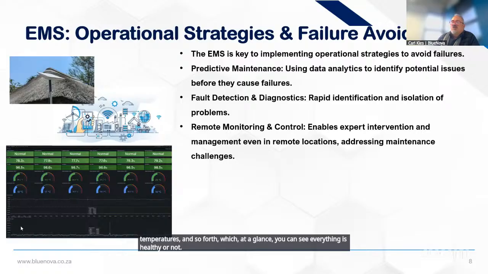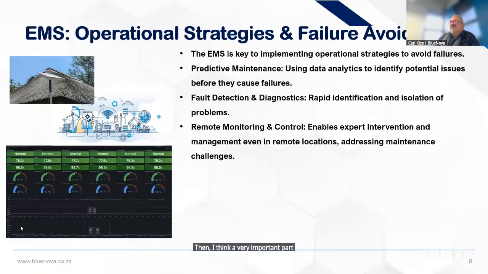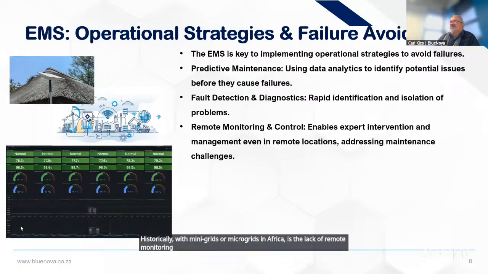Then a very important part, which has been experienced historically with mini grids or microgrids in Africa, is the lack of remote monitoring and control. But nowadays it's becoming essential so that you can have expert intervention management in remote locations.